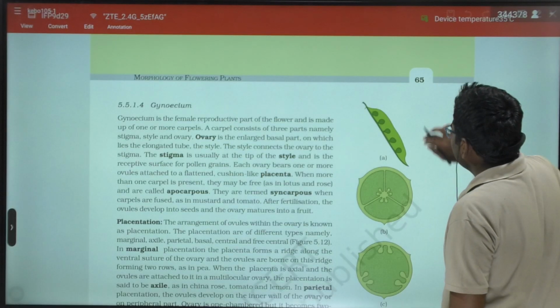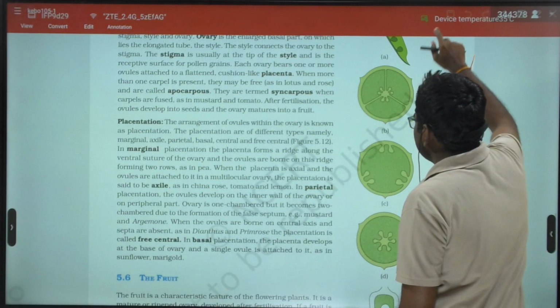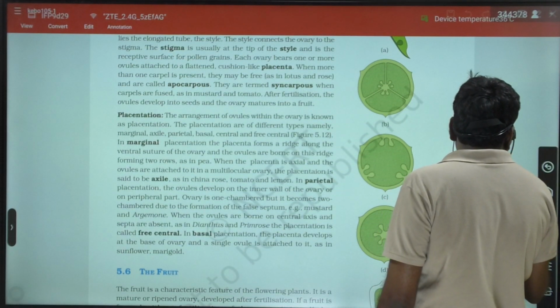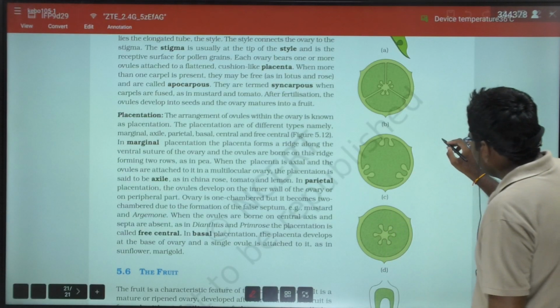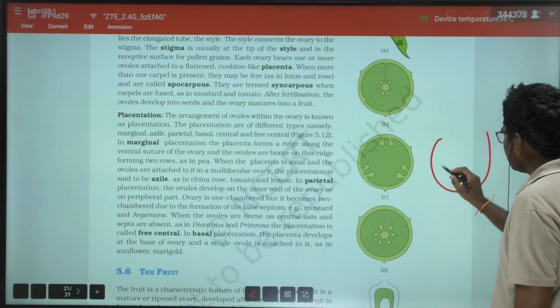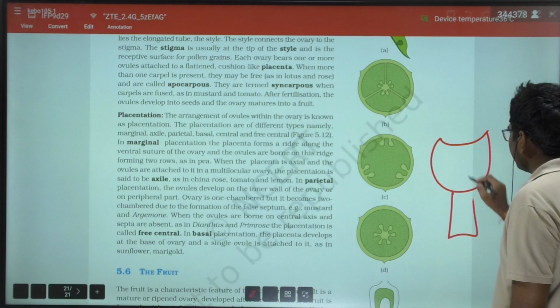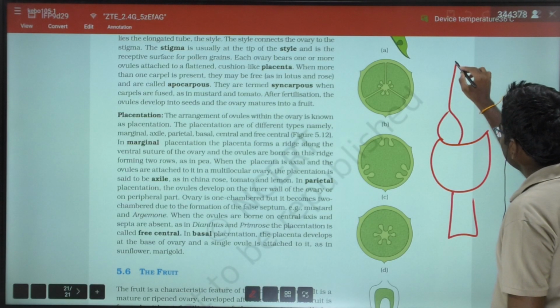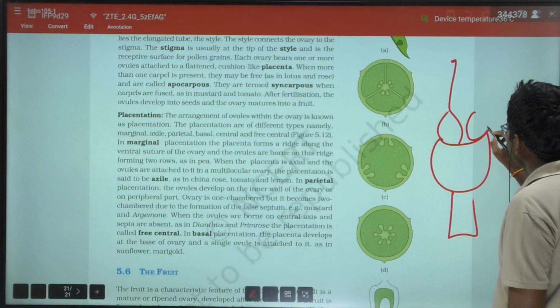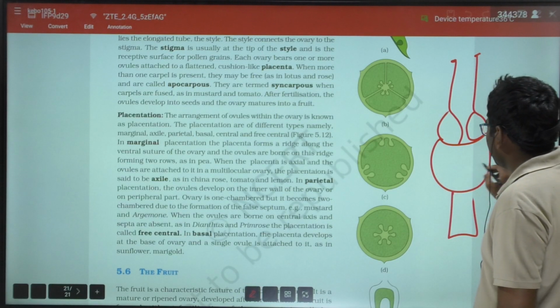When more than one carpel is present and they are free, it is called an apocarpous ovary.